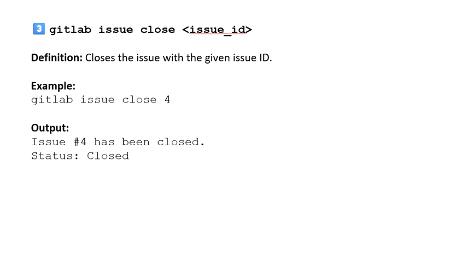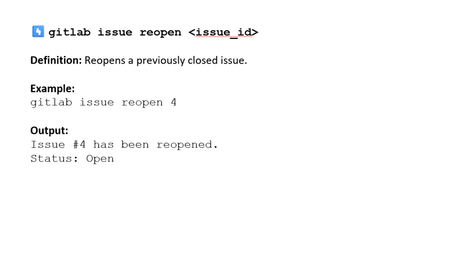Fourth is gitlab issue reopen with the issue ID. The definition is: reopen a previously closed issue. The example is gitlab issue reopen 4, and the output is: issue 4 has been reopened, and the status is open.